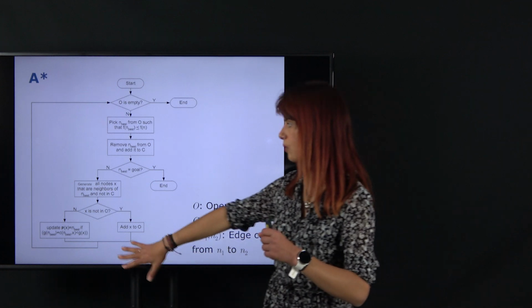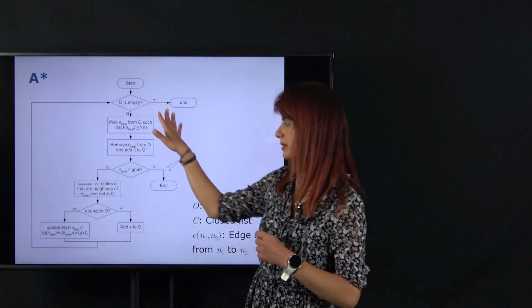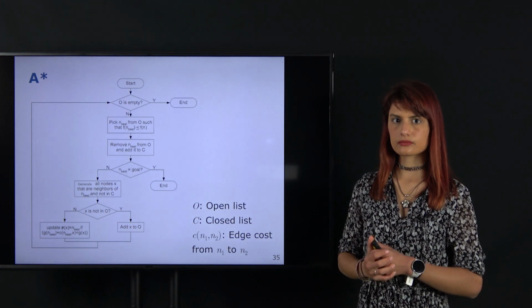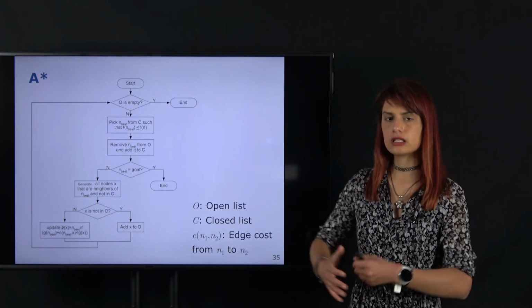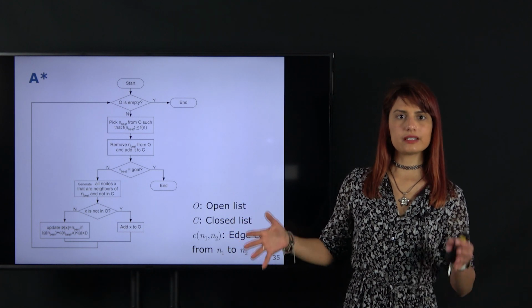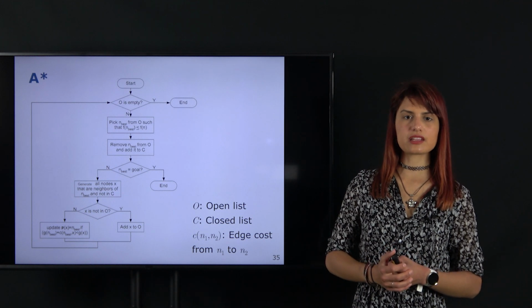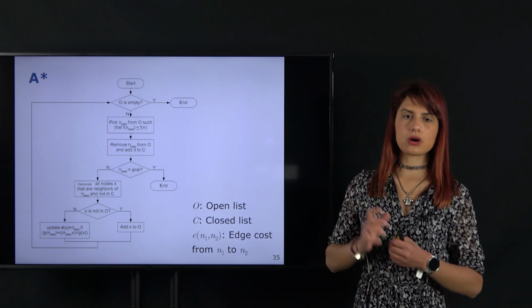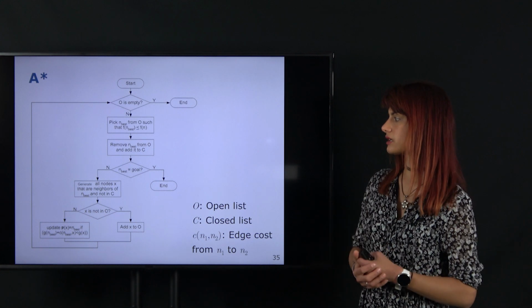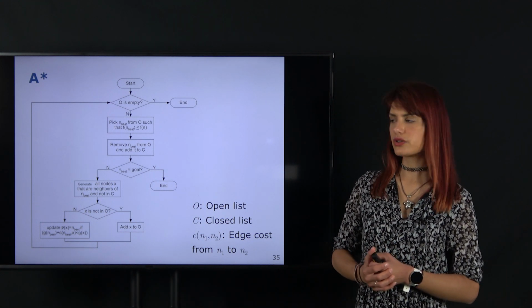We add them to the open list as candidates for the next expansion, and we repeat the process. So this is essentially keeping a collection of nodes that have been generated, not expanded, checking their total estimated cost, picking the one with the lowest, and keep doing that until we reach the goal or exhaustively check all the nodes on our graph.